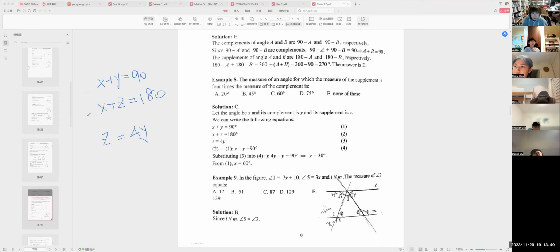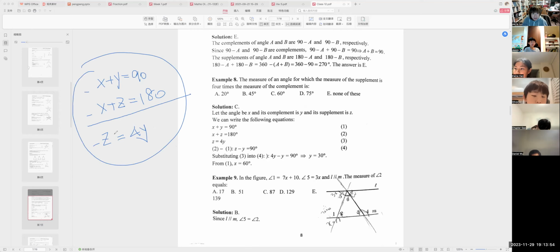So if you have 3 equations and you find out what is X, what is Y, what is Z, is it easy? You replace that one, right? So if you subtract that, Z minus Y equals 90 degrees. Don't you agree with me from this one? Chapter, this equation minus this equation, negative X minus negative X equals no X. Z minus Y equals 180 minus 90. And we know Z equals 4Y, right?